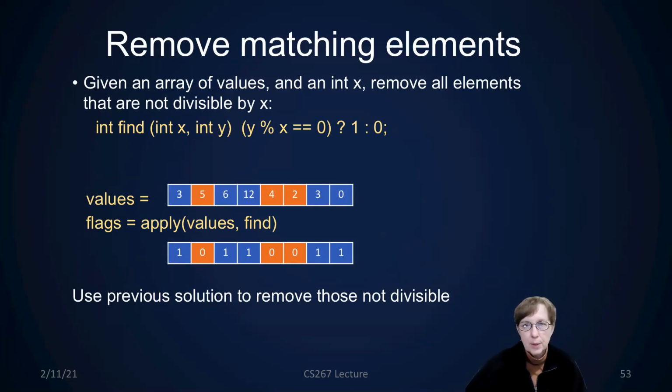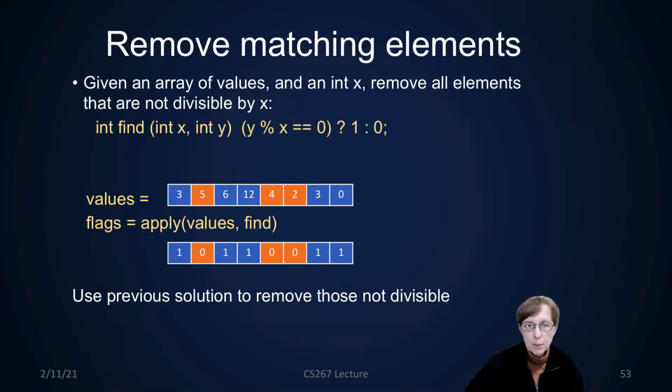So let's see, we can also do something like remove. We can go through an array and remove a bunch of elements that match a particular pattern. In this case, let's say that we want to remove all the elements that are not divisible by x. So we have a little find function, which I'm going to use at each element. This is an element-wise function I'll apply across the array, which is find x given y, and it's going to return a 1 if it's divisible and a 0 if not.